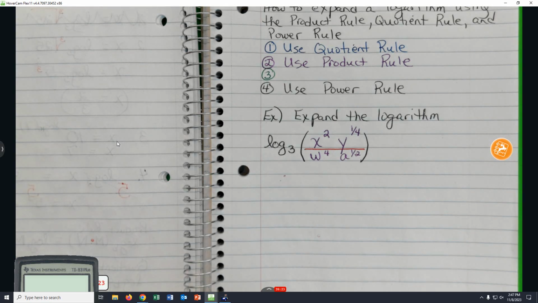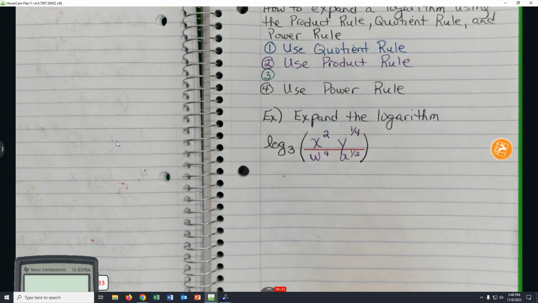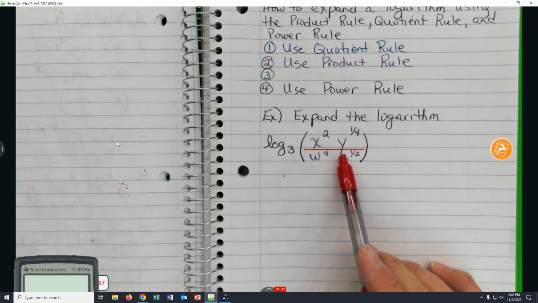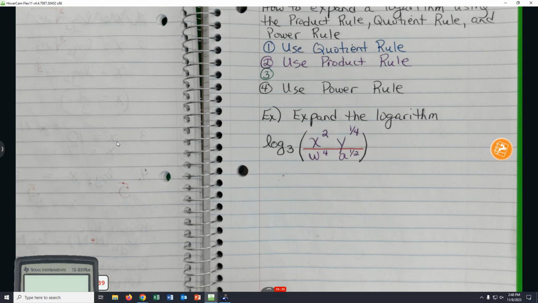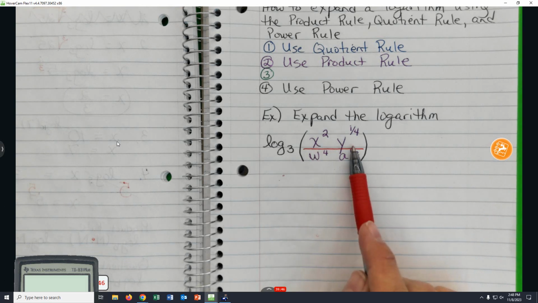We're going to expand this, going through those steps. The goal is to write it so that we don't have such a big mess after the logarithm. We would prefer just one letter after the logarithm. Instead of an x squared y to the 1/4, how would we write it as 4 different logarithms with just one letter after each logarithm.